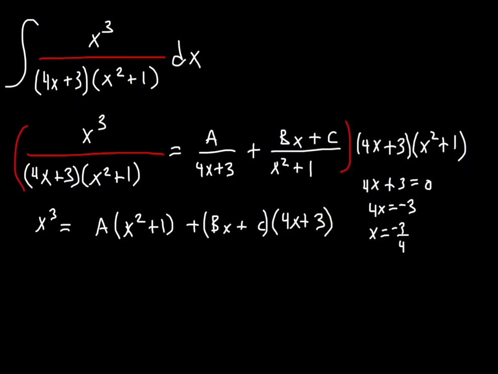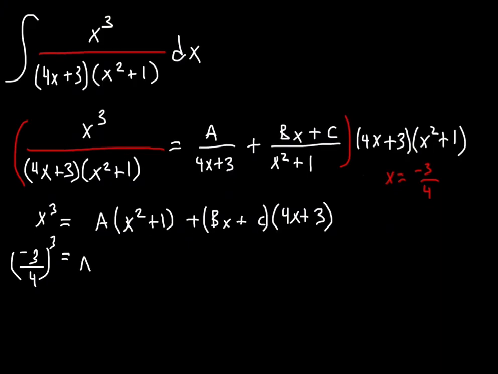So I'm going to plug in x equals negative 3 over 4 to make this part 0. Negative 3 over 4 cubed equals A times negative 3 over 4 squared plus 1, plus 0. The other thing gives 0.